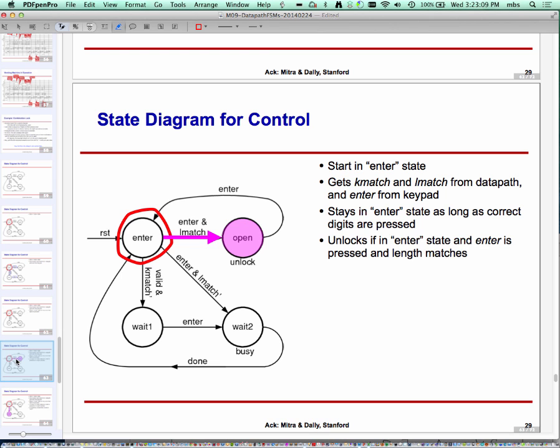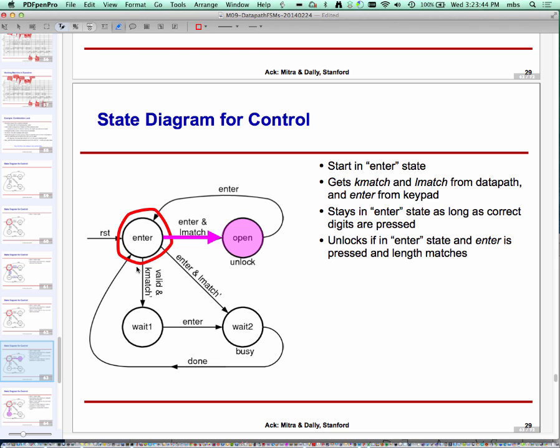So the user has pressed the right number of buttons. Remember, in this lock, the length of the code itself is variable, so the data path is going to keep track of it. The data path is keeping track of key presses matching, and whether the length is right. So I'm going to stay put in enter as long as correct keys are pressed, and then at some stage, if the length match also happens, then I go to the unlock state.